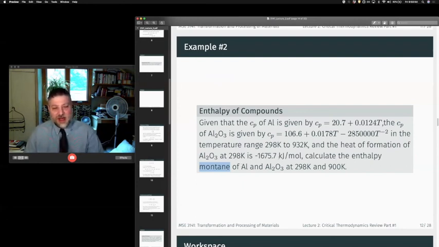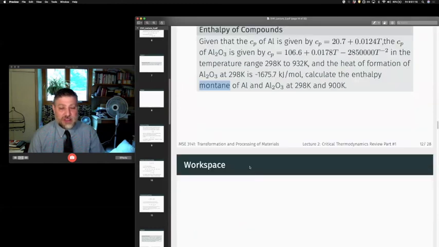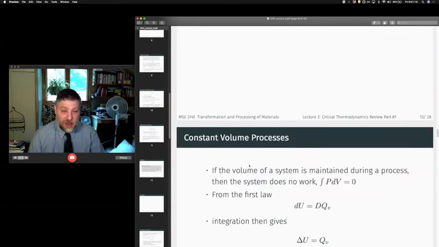And then I put them up and immediately a whole bunch just jump out. So keep me honest. Anytime you see something wrong, let me know and then I can fix it. But we want to calculate the enthalpy changes of alumina and aluminum at various temperatures, just to work through this example. Okay.